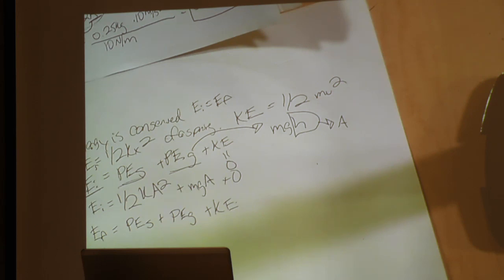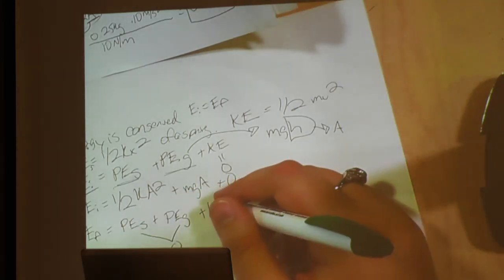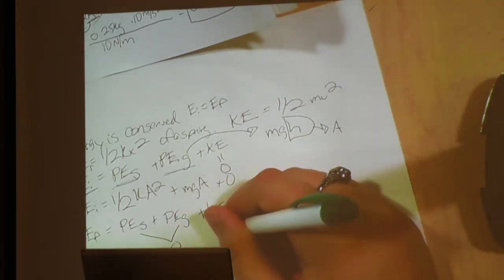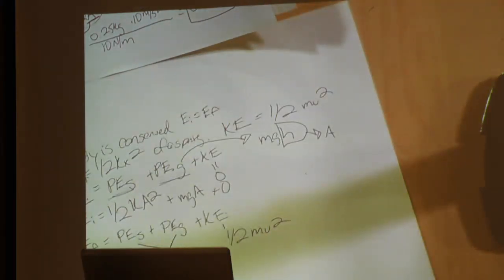No. If you think about normal potential energy, like rolling along a flat surface, you don't have potential energy. It's similar here: you have 0 spring potential energy, and the kinetic energy would still be 1/2 mv squared. The initial energy equals the final energy from conservation of mechanical energy.